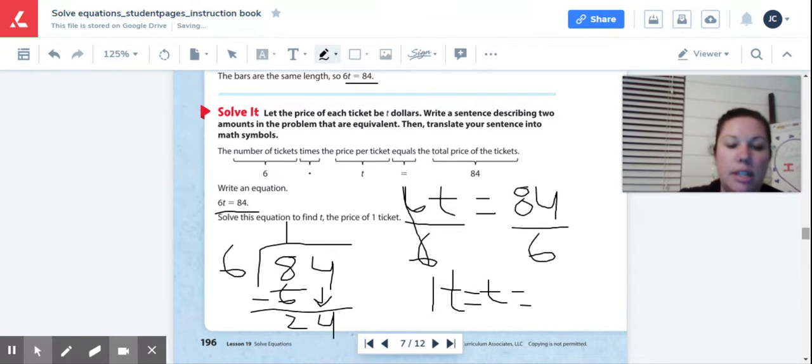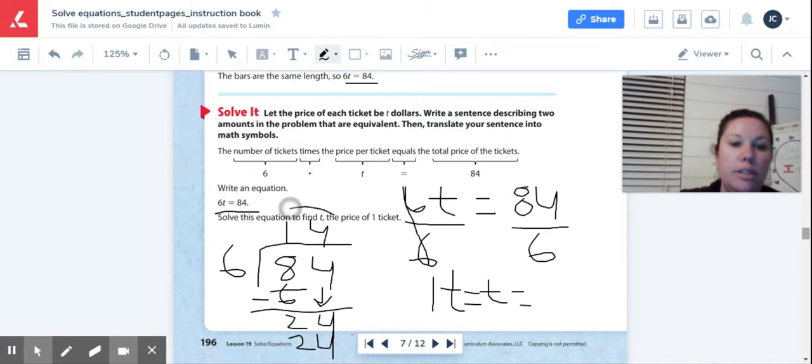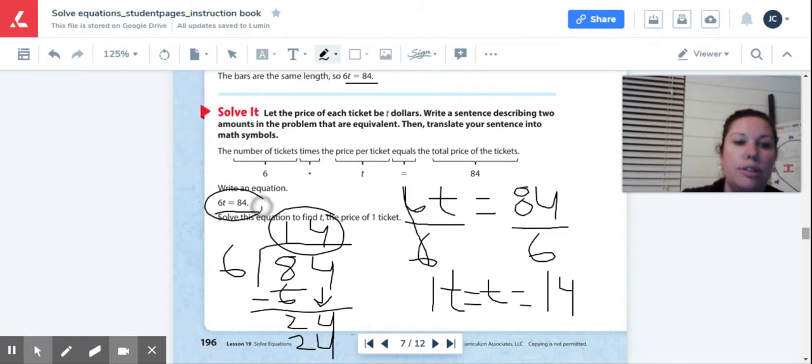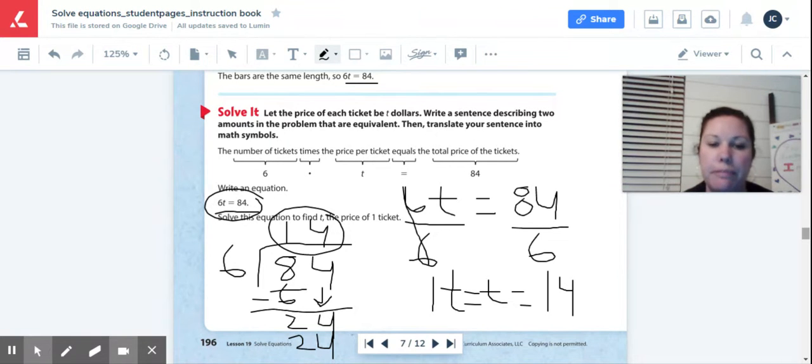How many times does 6 go into 24? 4 times, and that's 24 with no remainder. So the answer is 14, which means that one ticket costs $14. And then if you take 14 and times it by 6, you will get $84 if we plug it into our equation here. Okay, so let's continue on and answer the questions now.